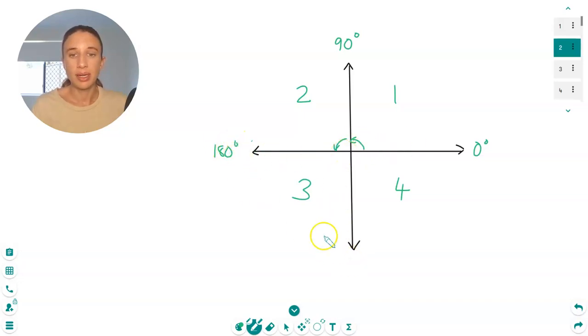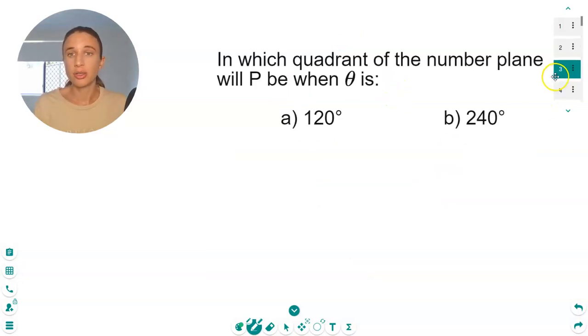And then 180 plus 90 is 270, gets us to that third thing, and then all the way back up to 360. So you need to be able to mark in these angles to guide where your angle fits on the unit circle. So we've got quadrant 1, 2, 3, and 4. So that's the first thing you need to know. And let's have a look at some questions.